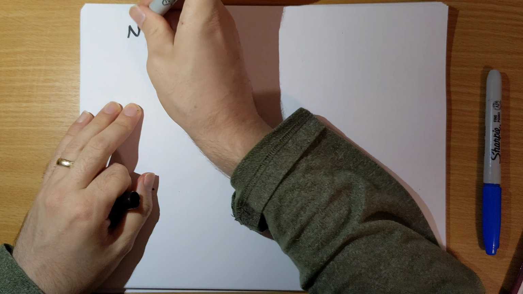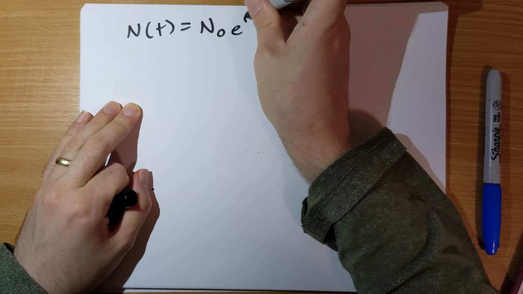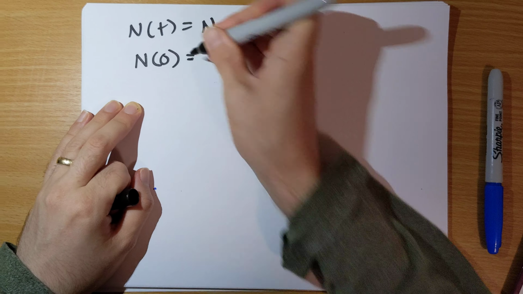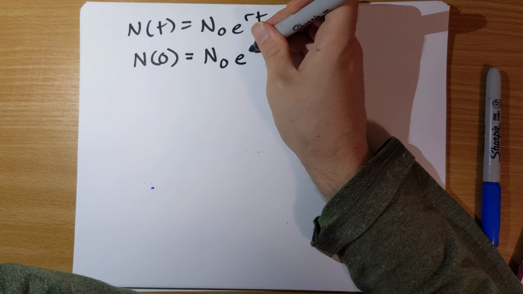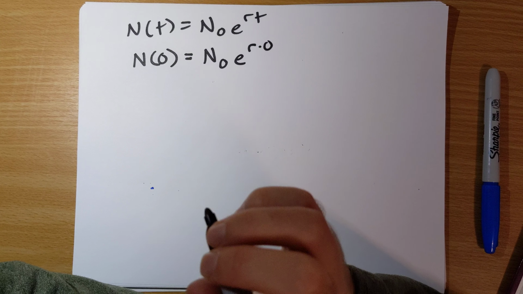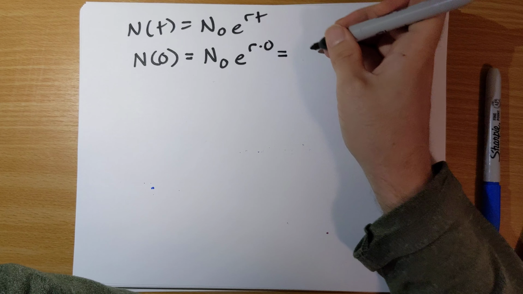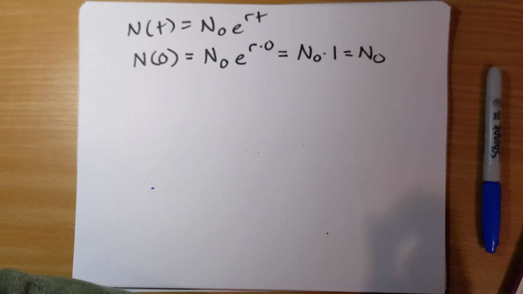Well, let's start by plugging in. First let me copy this. N of t is N naught e to the rt. What happens if we plug in 0? Well, we get N naught e to the r times 0. E to the r times 0 is e to the 0, and e to the 0 is 1. So this is N naught times 1, which is just N naught.